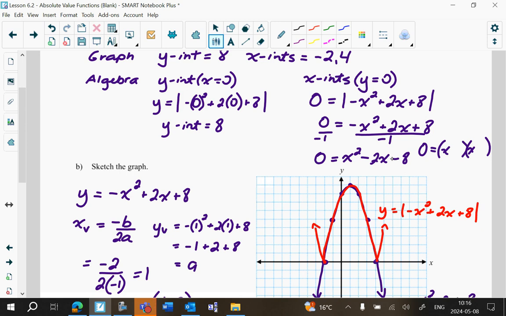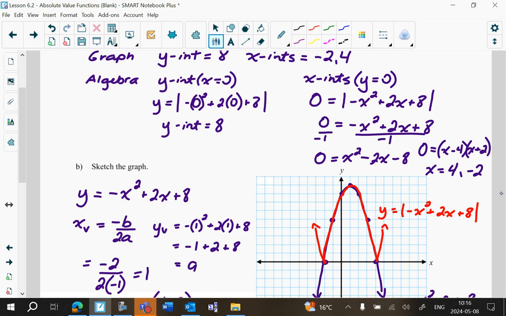So factored, I'm looking for two numbers that multiply to negative 8 but add to negative 2. Negative 4 and positive 2. Which means that x will equal positive 4 or negative 2, which makes sense because those are the ones we got when we looked off the graph. Okay.